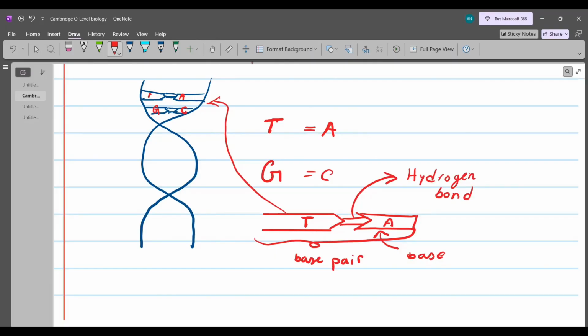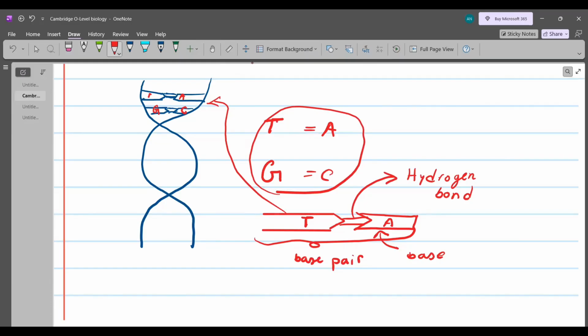What I mean is A always pairs with T, T always pairs with A, G always pairs with C, and C always pairs with G. The sugars and phosphate groups form the backbone of the DNA strand, similar to the sides of a ladder, while the paired bases form the rungs. I'll provide you the notes, and you'll understand this better after you see the proper diagram. I hope you get what I want to tell you.